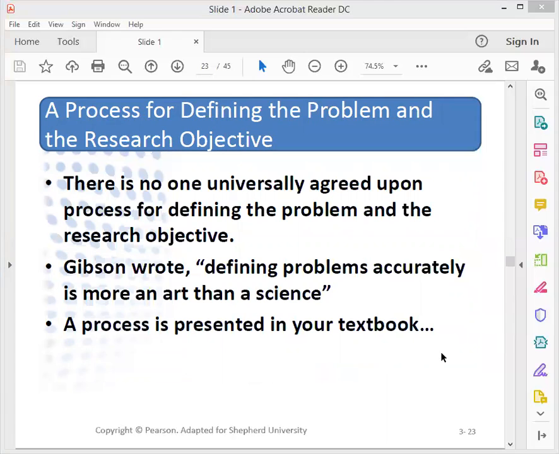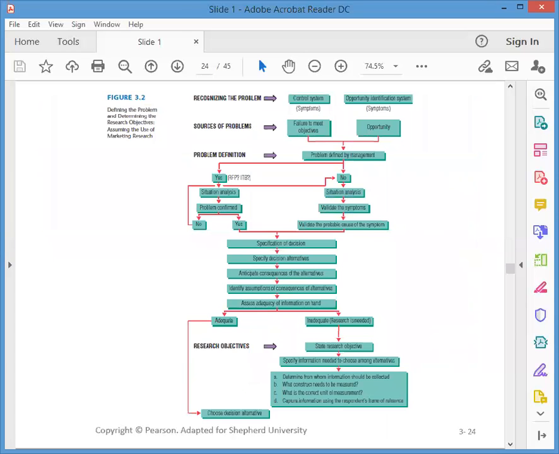So here's a flow chart. We're going to have control systems that we have in place that monitor things like market share, profit margin, pricing, things of that nature. And if we fail to meet some objective that we've specified as our management goals, then the control system will tell us that.